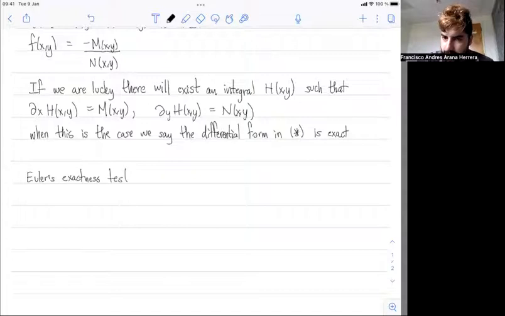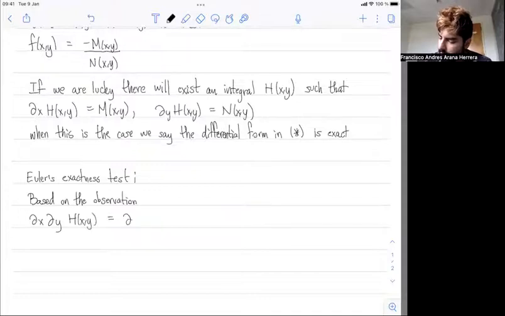What this test says is the following. It's based on the simple observation that partial derivatives commute, meaning that if you take partial x, partial y of h(x,y), this should be the same as partial y, partial x of h(x,y), as long as h(x,y) is sufficiently differentiable.